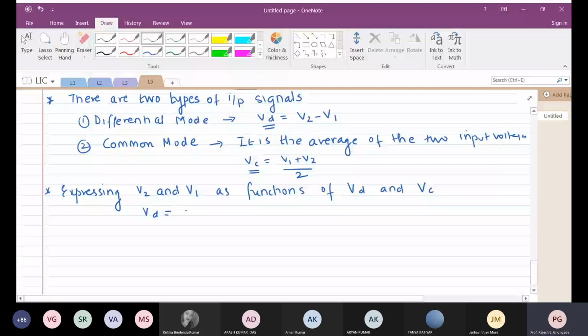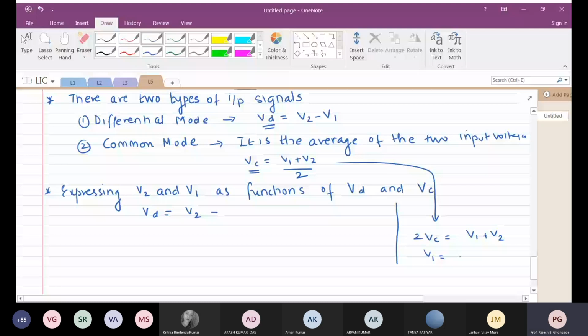So I can have VD equal to V2 minus V1. I just want to convert this, so I will substitute for V1 using this equation. 2 VC is equal to V1 plus V2, so I can have V1 as 2 VC minus V2.